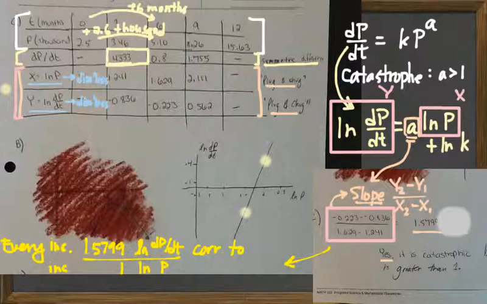How can I rephrase that to tell me something about how the quantities themselves are increasing? Let's take the natural log of p. When the natural log of p increases by 1, what does p do? How do I get rid of the natural log in this equation?